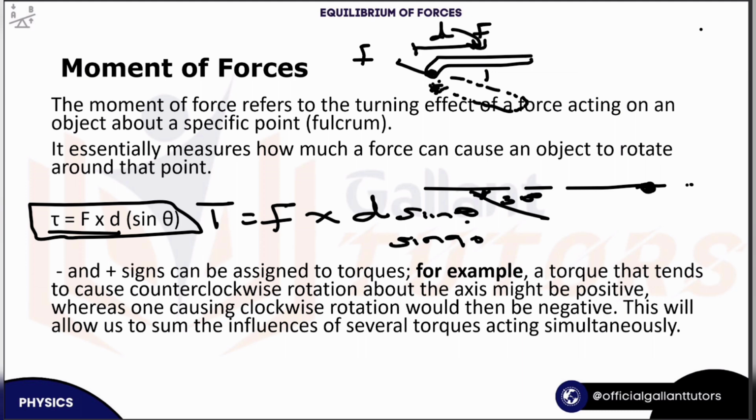Now, sometimes you might be told to calculate more than one torque at a particular time on the same machine or the same object, right? So your orientation can either have a minus or a plus sign in front of it, just like when you are resolving vectors.